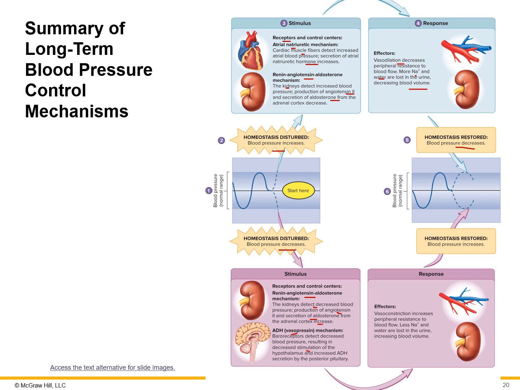We get a decreased stimulation of the hypothalamus, and that's going to increase the antidiuretic hormone secretion from the posterior pituitary. That antidiuretic hormone ultimately is going to cause vasoconstriction, which increases resistance. Now we have less urine output, so that's going to increase our blood volume and bring the blood pressure back up.